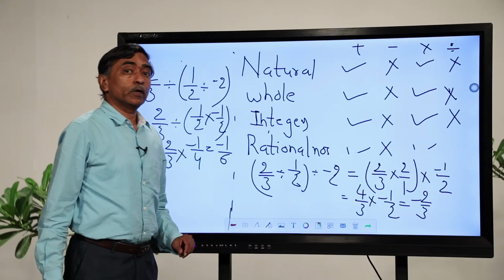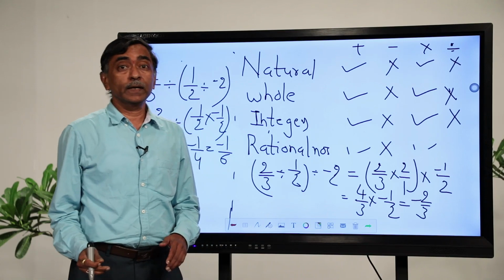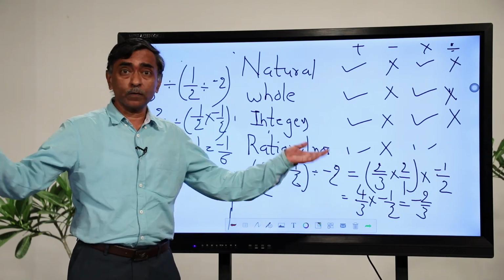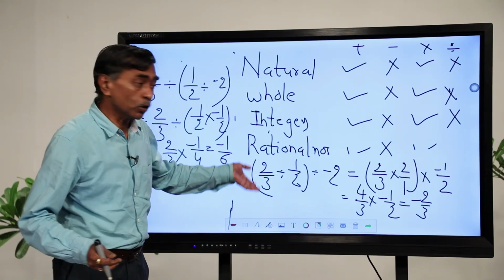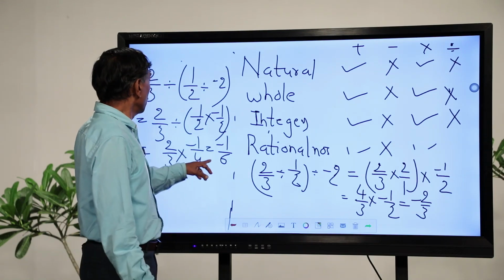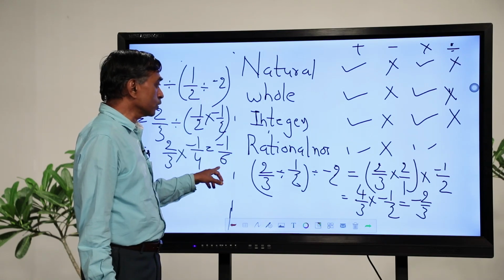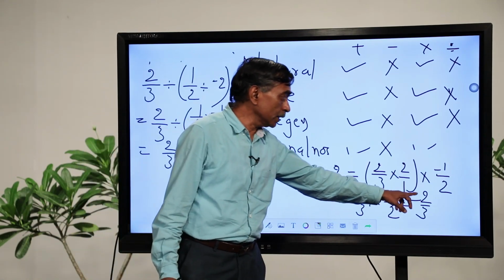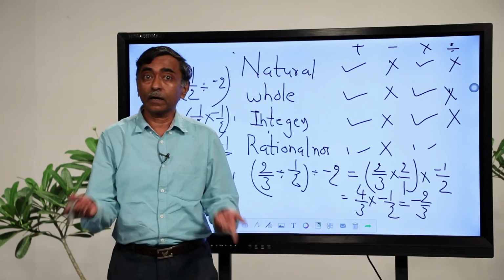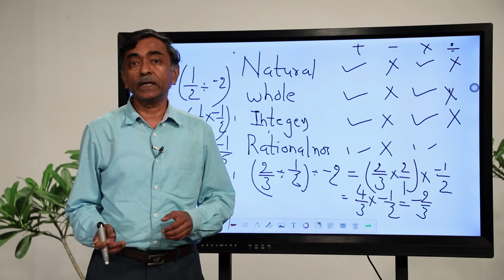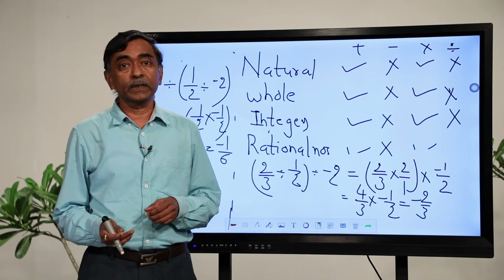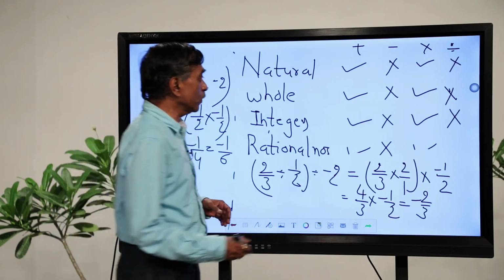Yes, because I could have taken that example where it holds, but there are scores of examples, hundreds of examples where it does not hold. Here also this is one of them. In this particular way, the value is minus 1 by 6, whereas here the value is minus 2 by 3, they are not equal. So, associativity does not hold under the operation of division for rational numbers as well.